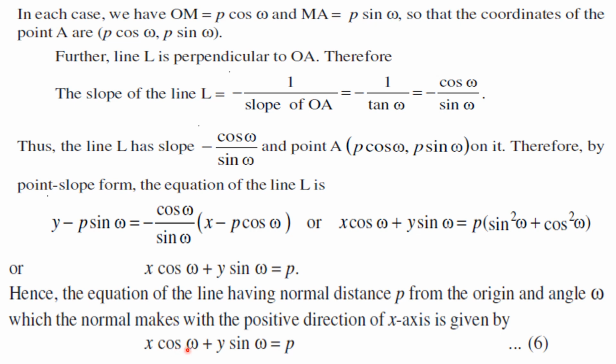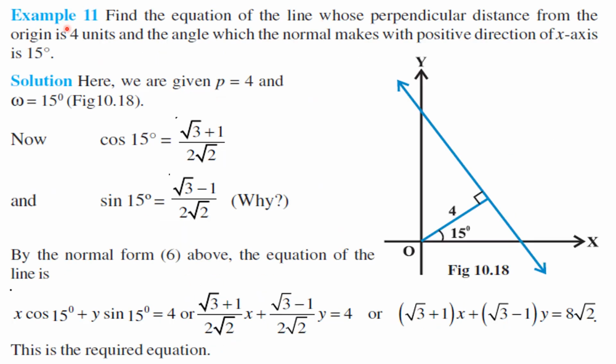This is called the normal form of a line, where omega denotes the angle made by the normal to the line with the positive x-axis, and p denotes the length of the normal to the line from the origin. Okay, my children, understood this point? Right.